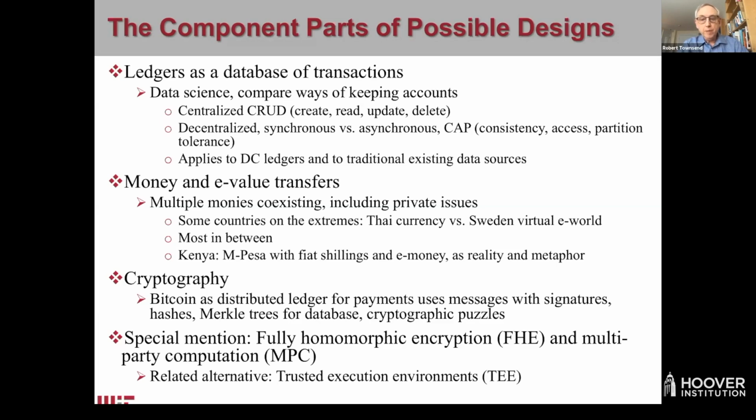Here I would recommend some work in data science, which makes very useful distinctions and proves theorems about the advantages and disadvantages of centralized systems, which are, with a smile, referred to as CRUD, create, read, update, and delete, delegated to individual parties. Decentralized systems, there are choices about how synchronous or asynchronous they should be.